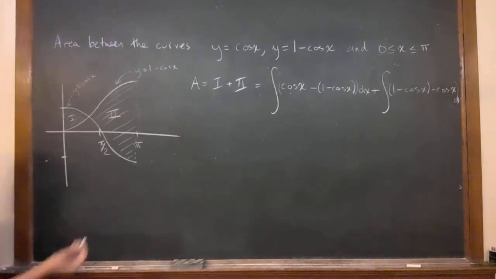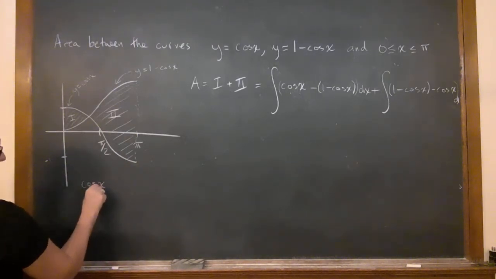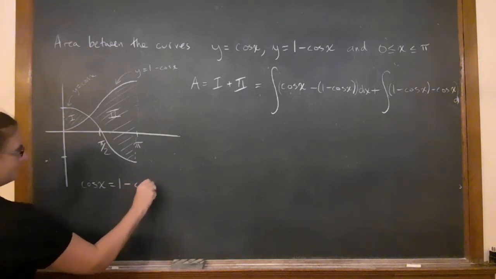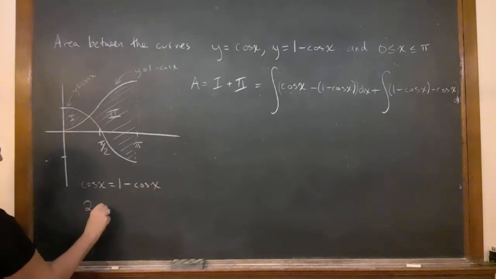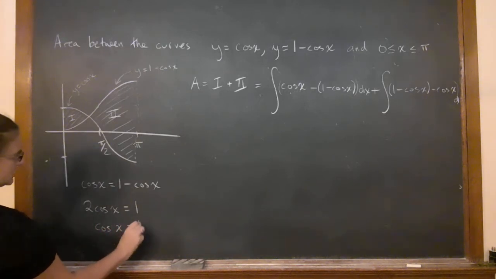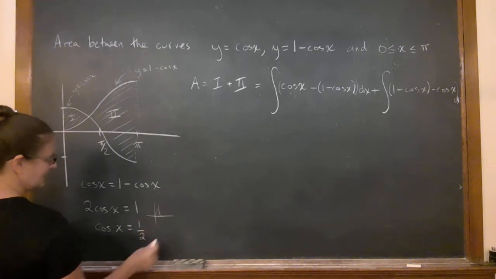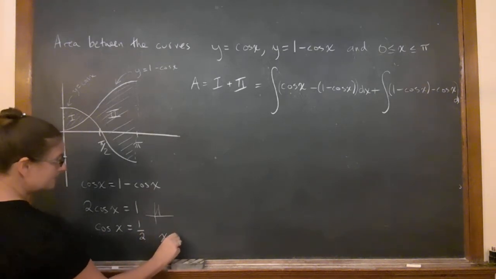Okay. So now let's figure out this point of intersection. Where do the curves cross? I end up with 2 cosine x equals 1. Cosine x equals 1/2. Okay, so that would be this guy. That's going to be pi over 3.